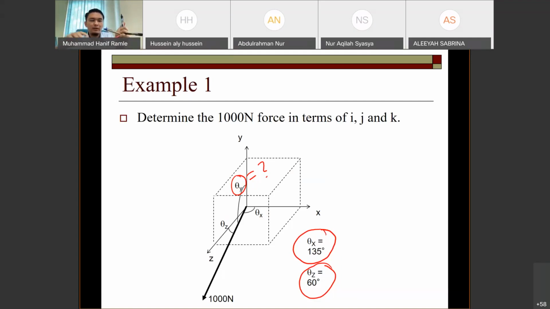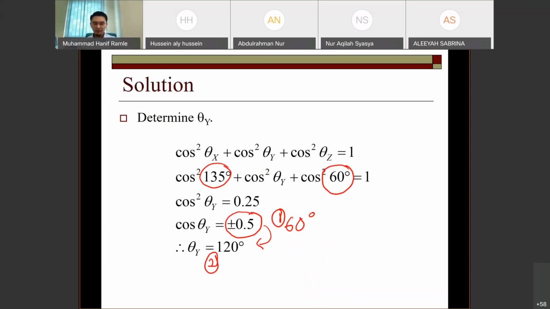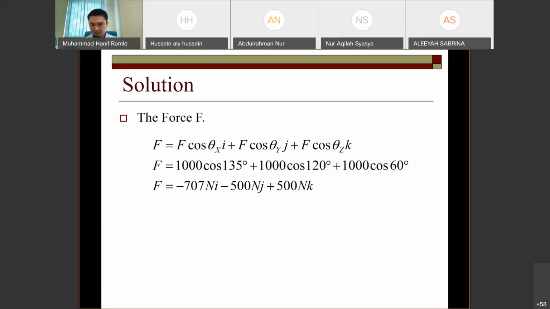That's why we choose 120 because the angle for the force coming from y axis is more than 90 degree, instead of 60.